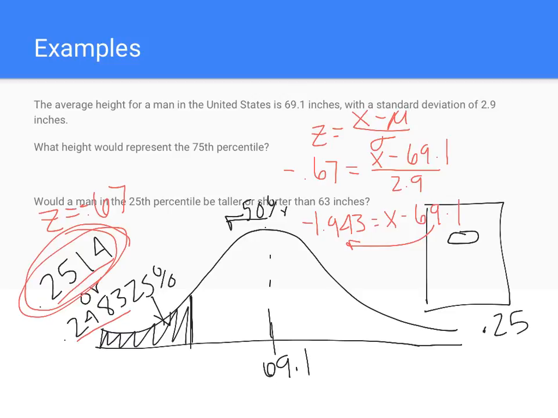So negative 1.943 plus 69.1 is 67.157. So this is the height represented right here, that 25% of men are shorter than. Okay, as always, if this doesn't make sense, make sure you get my attention and ask questions.